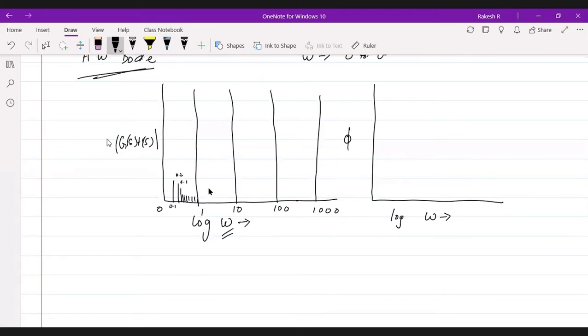Similarly, from 1, now this becomes 2, 3, 4, 5, 6, 7, 8, 9, and 10. Like this, the plots will be varying. We will be plotting that with respect to magnitude, and similarly with respect to the phase, right? This is what we do in the Bode plot here.